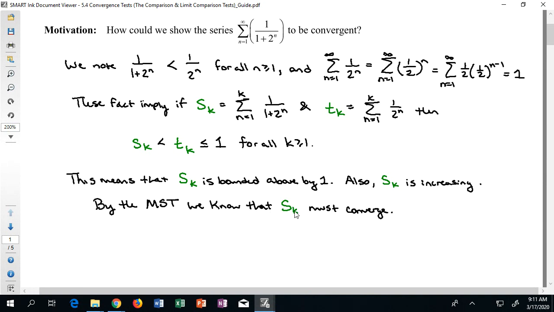But if S sub k converges, then what do we know about the original series? Well, then by definition, that series must converge. So by definition, this series must converge. Boom.